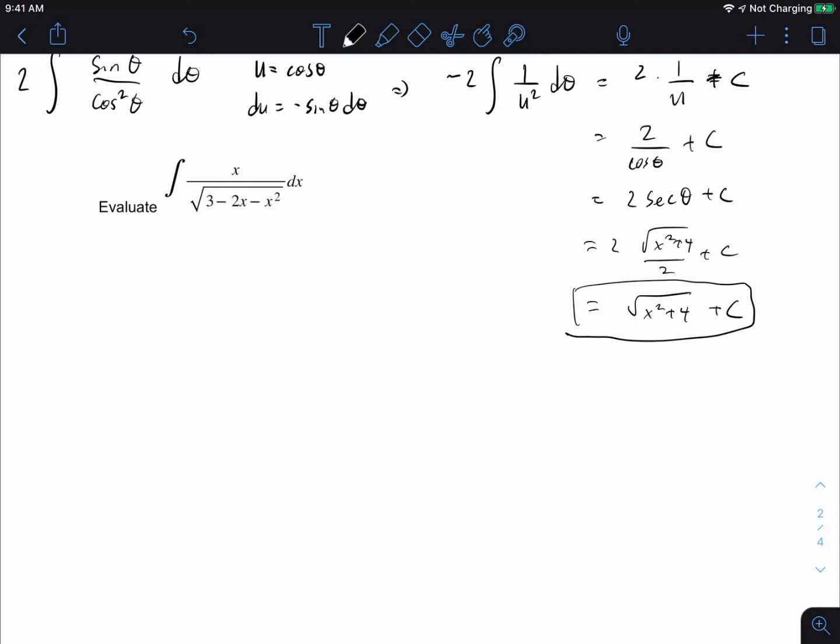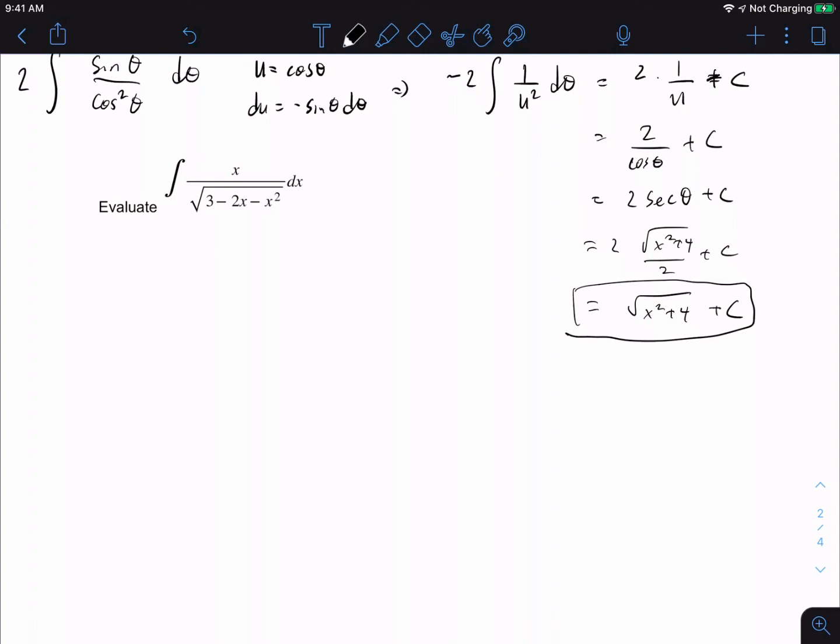It's not in the form of a squared plus x squared or x squared plus a squared or a squared minus x squared. It's not in any of those 3 forms. And so since it's not in any of those 3 forms, we need to do some manipulation in this problem, obviously.